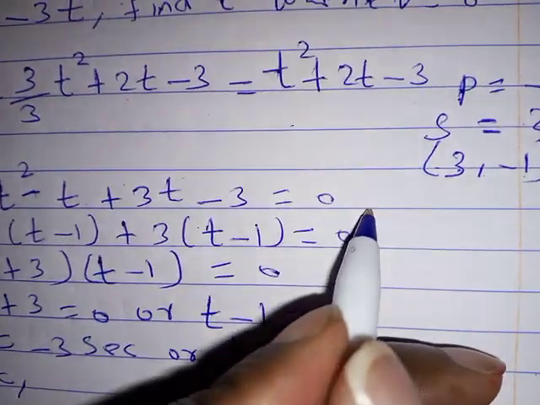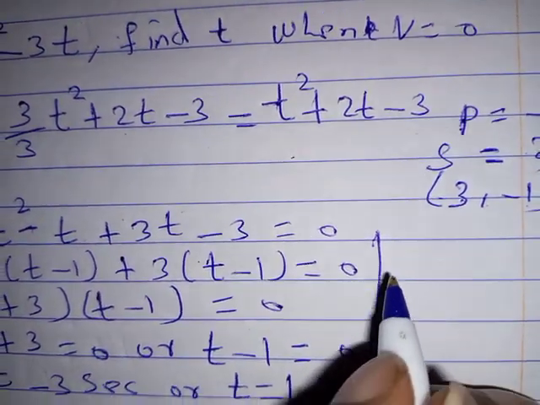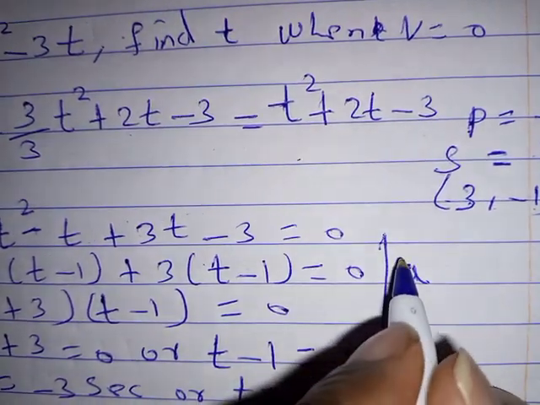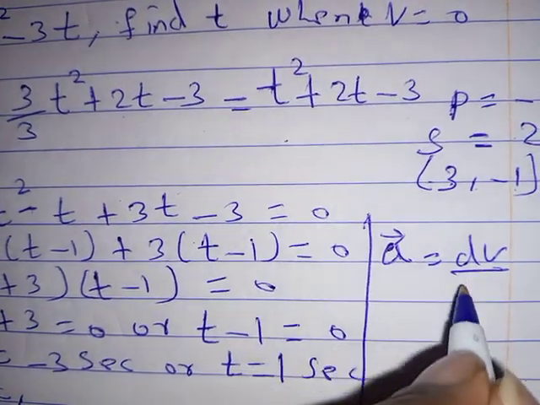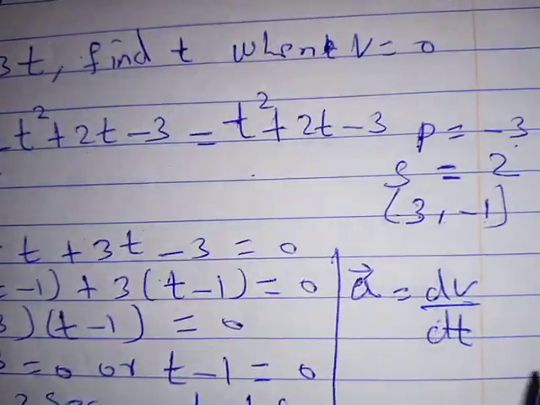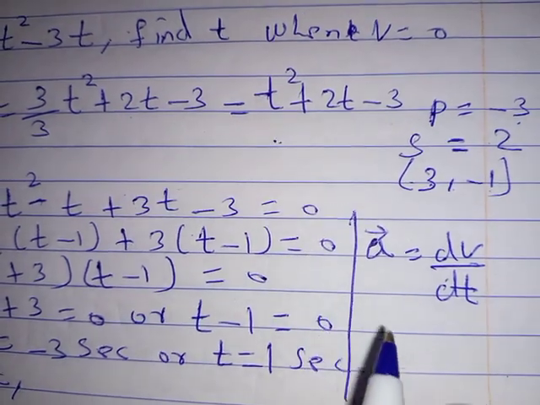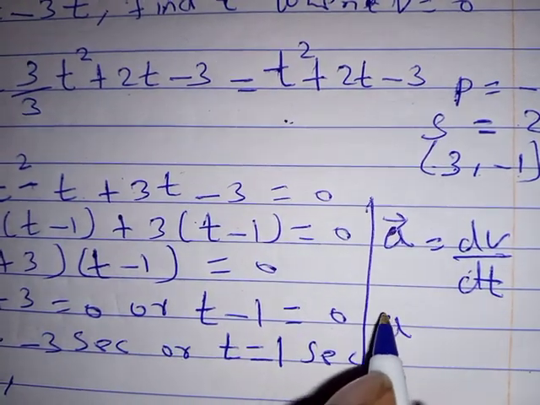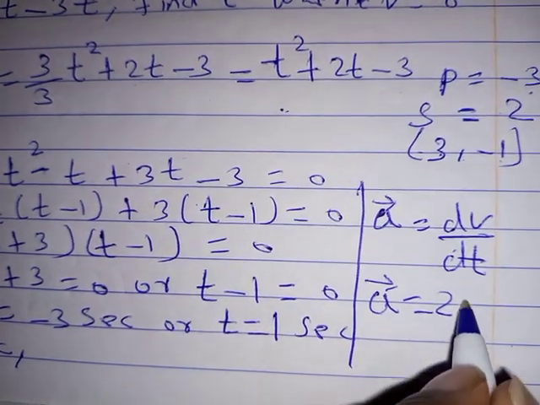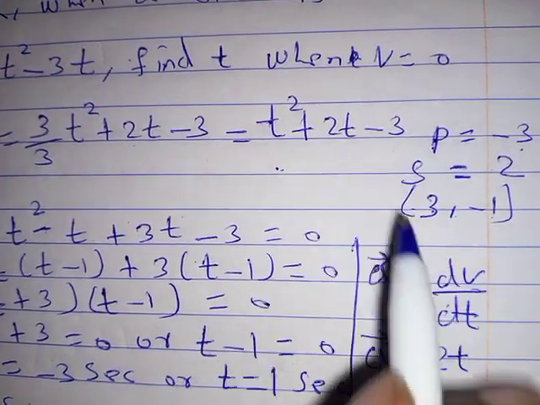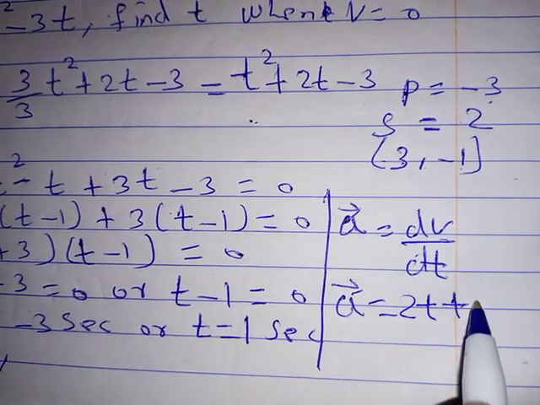From the same, of course, we can get acceleration. a will be given by dv over dt. So this is our v, so we differentiate that, and we find a is equal to 2t plus 2.